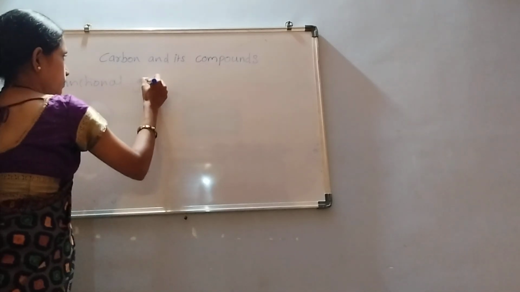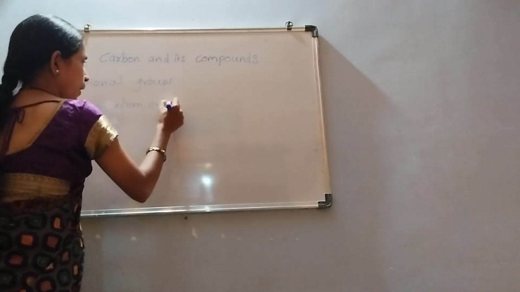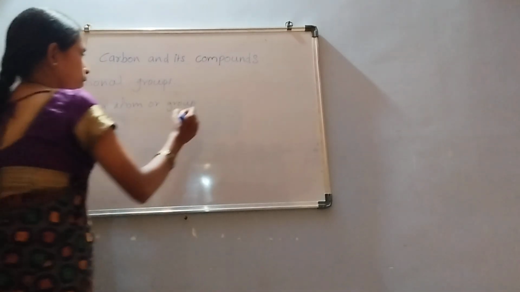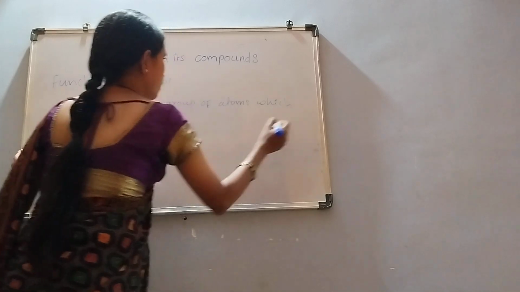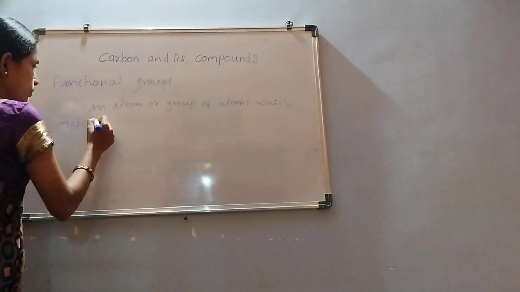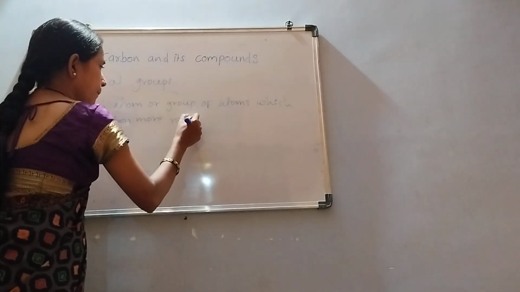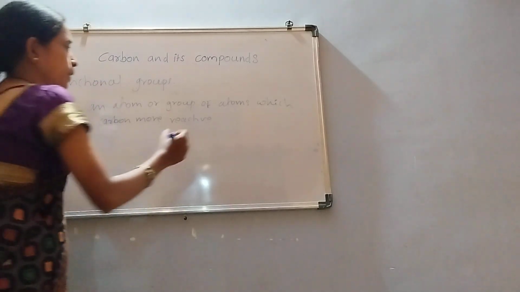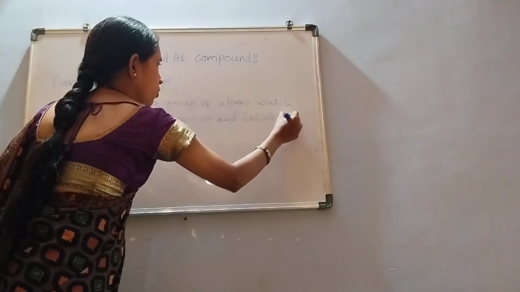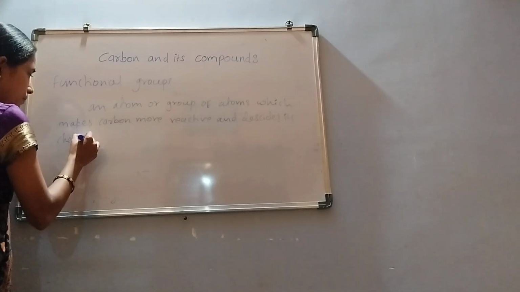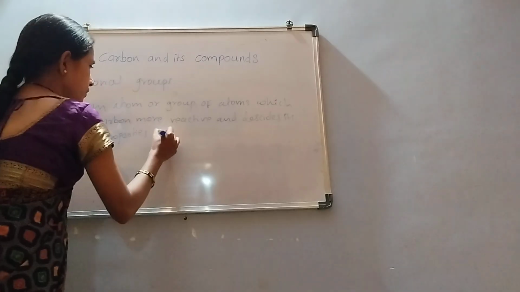Functional groups: an atom or a group of atoms which makes carbon more reactive and decides its chemical properties, we call it a functional group.